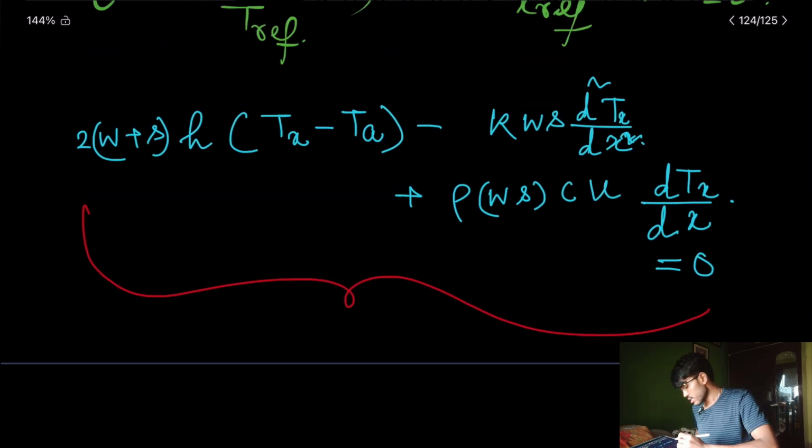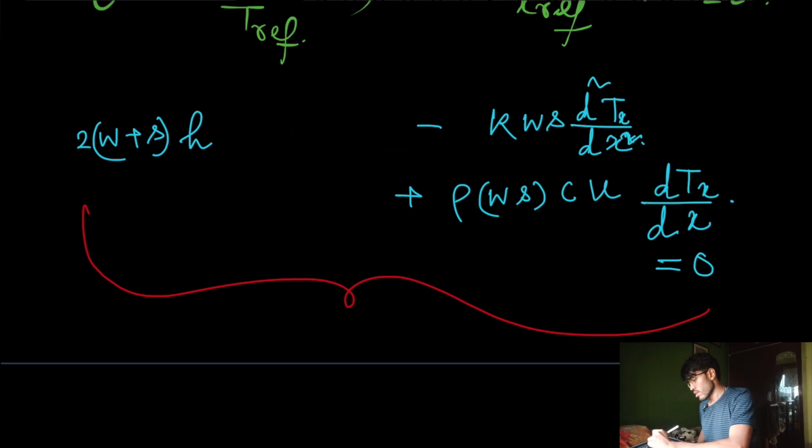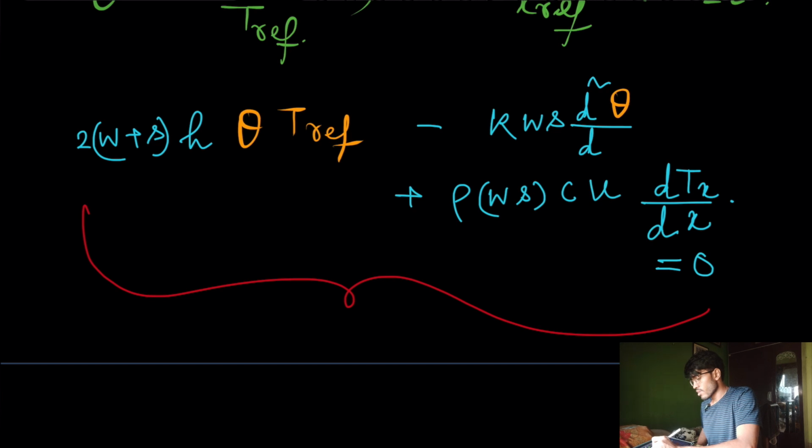Now you see, instead of this I will write theta into T ref. I will not again explain how I am writing these things, I think that is clear. This will be theta into T ref.